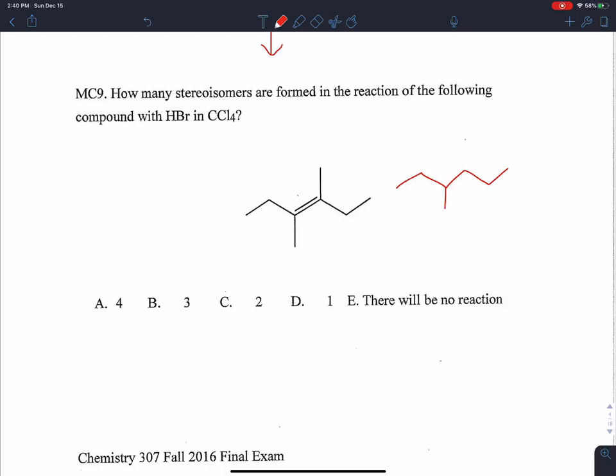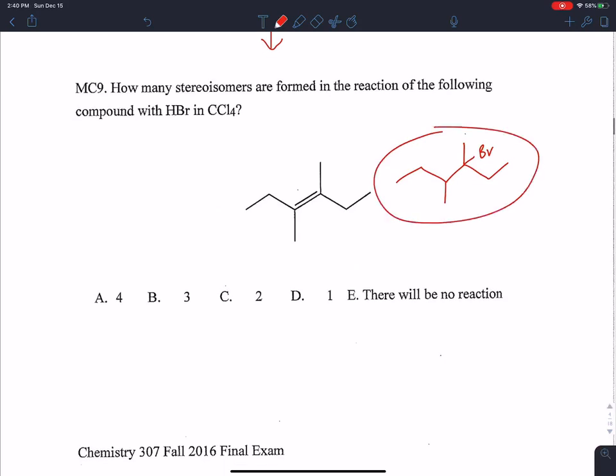So if I'm going to add the H and the Br, you have to ask yourself, how many chiral centers did I make? The thing originally is not chiral, but in the ending, I make chiral centers, and those chiral centers are here and here. So there are 2 chiral centers, so you follow the same formula. 2 to the n, 2 to the 2 is 4, so there are 4 possible stereoisomers, which is A.